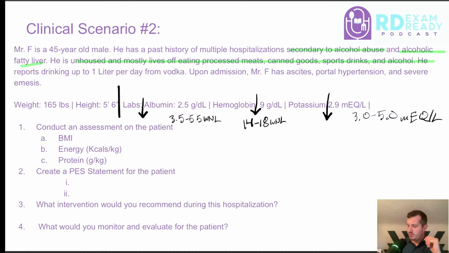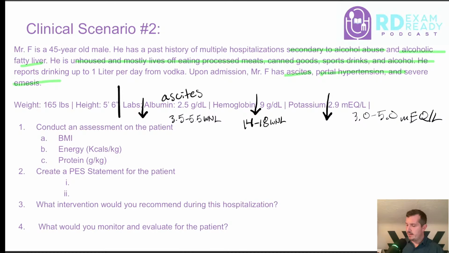Let's talk about them just a little bit each while we're focusing on them here. His albumin, why is it low, everyone? Let's read through what he's got going on. He has ascites, portal hypertension, and severe emesis. His albumin is low due to the fluid, due to the ascites.